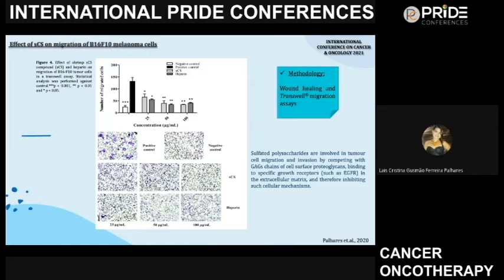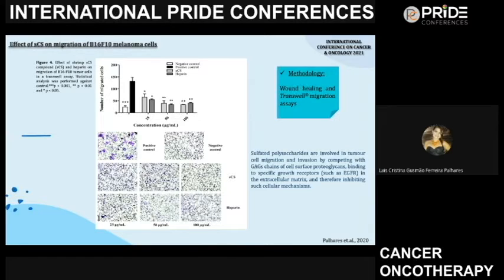GAGs are also well known to bind quite strongly to different growth receptors and, like I said before, extracellular matrix proteins. The hypothesis here is that maybe the SCS was able to bind to those proteins that are so important for promoting migration and invasion. And therefore, those proteins were not able to bind to their specific receptors and promote all those cellular mechanisms.